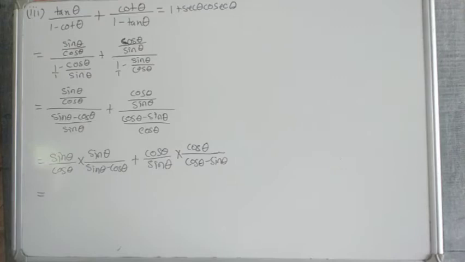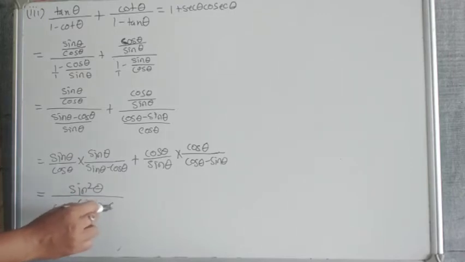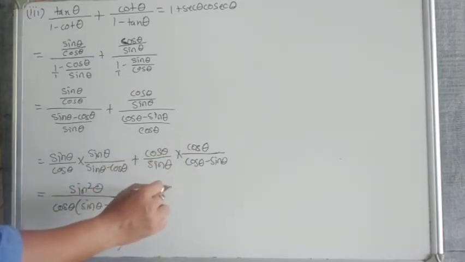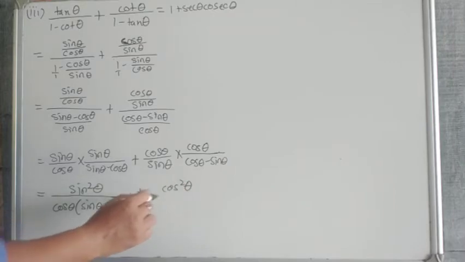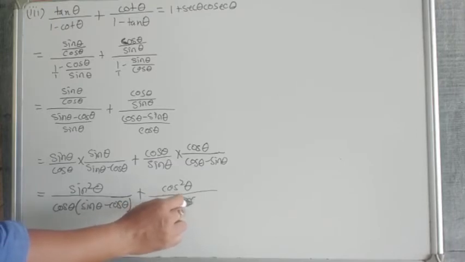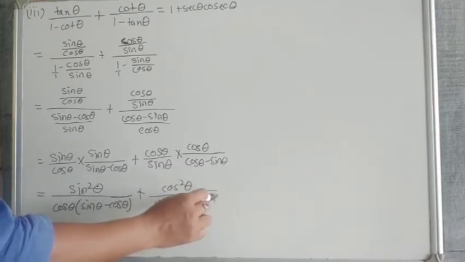So when you multiply by sin theta, it becomes sin square theta by cos theta multiplied with sin theta minus cos theta, plus here also cos square theta by sin theta into this becomes sin theta cos theta minus sin theta.